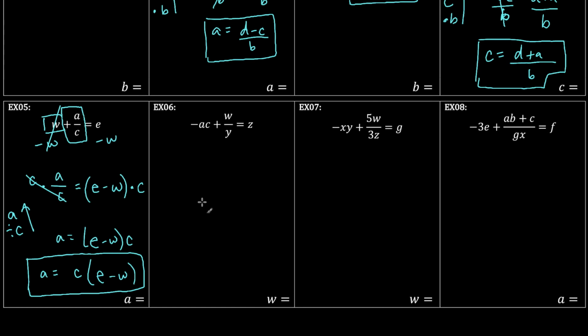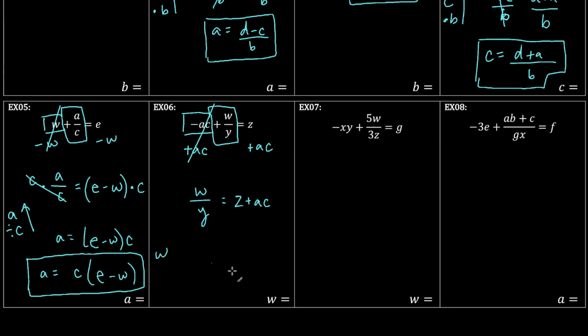Let's see. W. So I'm going to box my terms, and I'm going to get rid of the term that's not part of the w term. So instead of minus ac, I can get rid of that whole thing by adding ac. So I get w over y equals z plus ac.